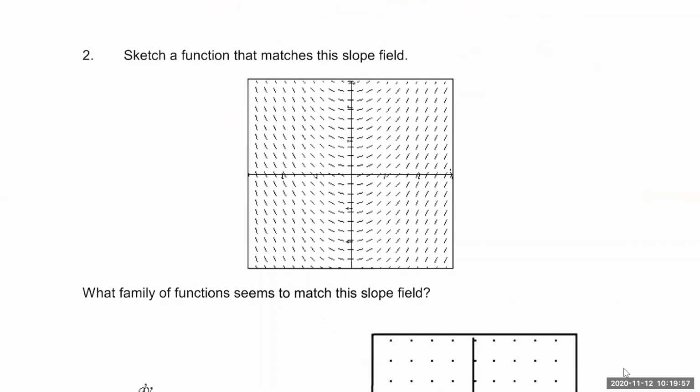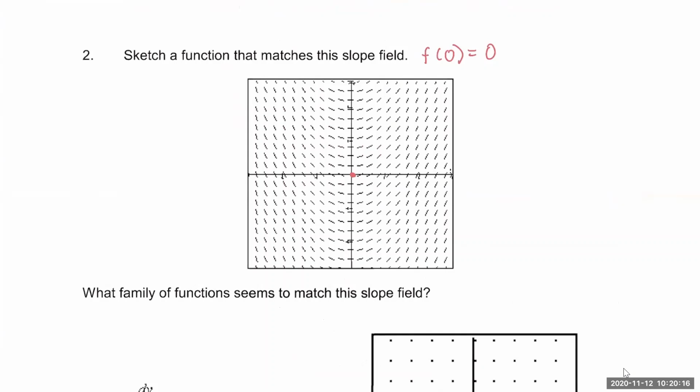So similar type question, and let's assume that you guys are going to make sure that the graph goes through 0, 0. Can I have you guys go ahead and sketch the function, which is the solution curve, such that it goes through 0, 0.